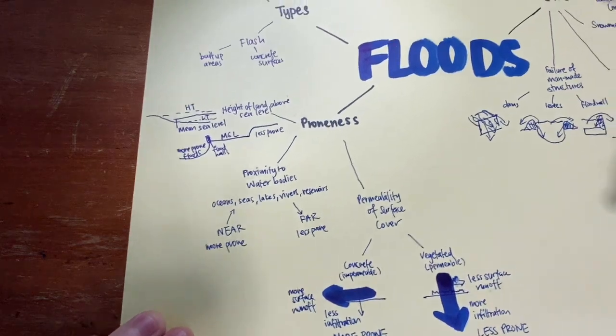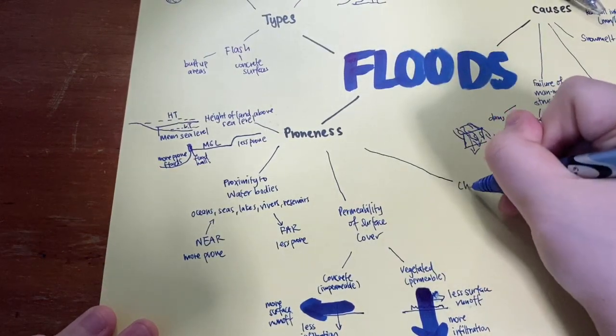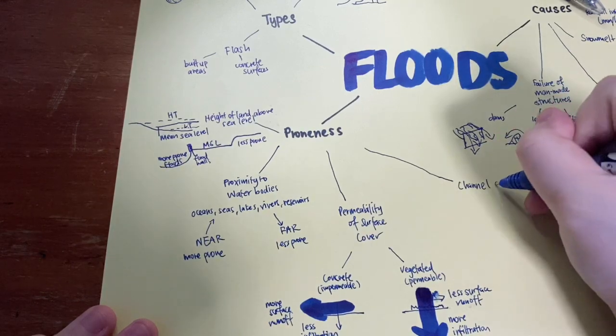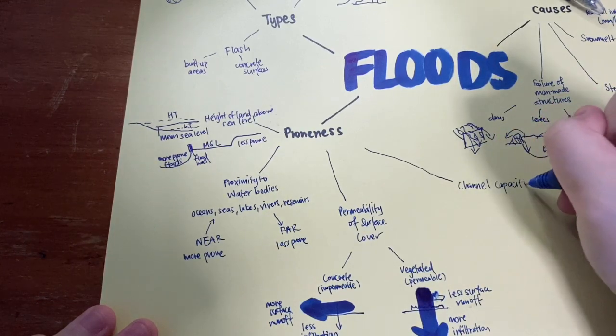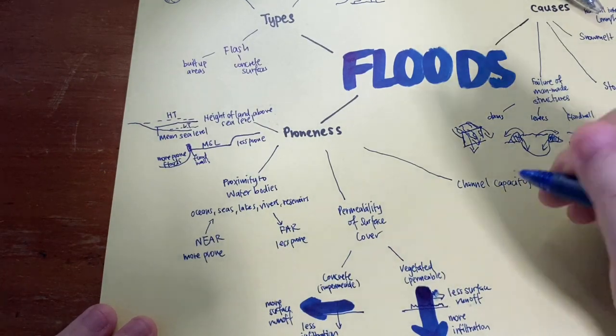Now we are going to our last factor, which is channel capacity. Simply put it, channel capacity is how much water your river channel can hold.